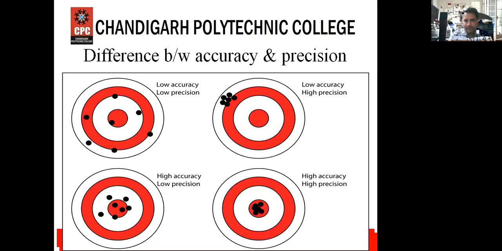The image adjacent to the first image shows low accuracy but high precision because it has hit repeatedly at the same position or near to that, but it is away from the center position. So that means it has low accuracy but high precision. The last image shows high accuracy and high precision because it has hit at the center position, as the black dots show.